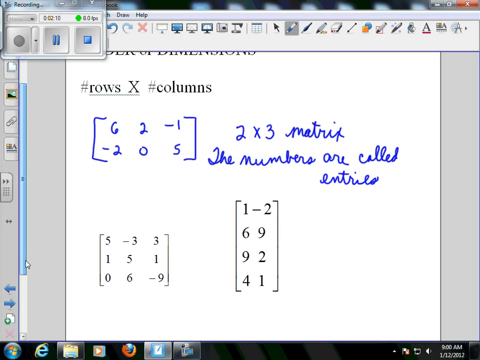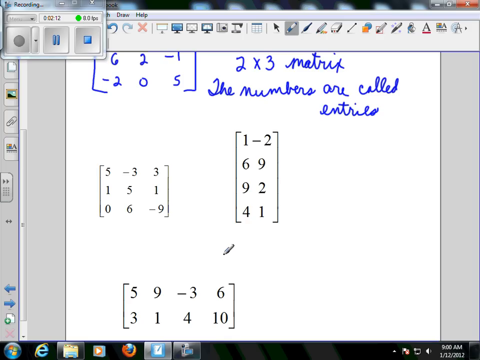So if we want to look at these other matrices and determine the order or dimensions of these matrices, we have 3 rows going across, and 3 columns. So this is a 3 by 3 matrix. This next one, we have 1, 2, 3, 4 rows going across by 2 columns.